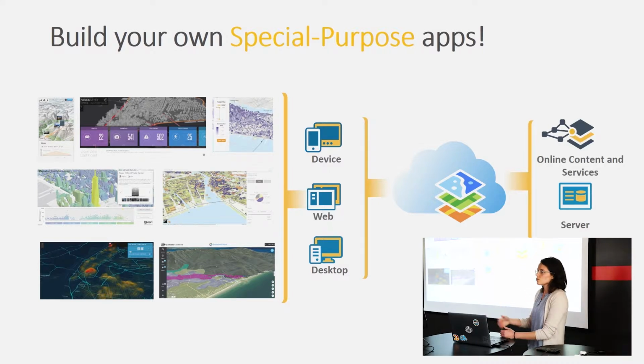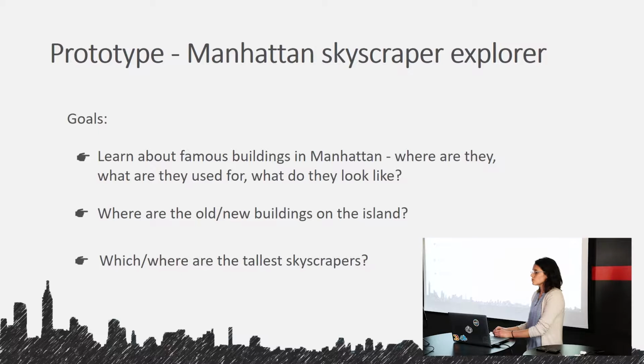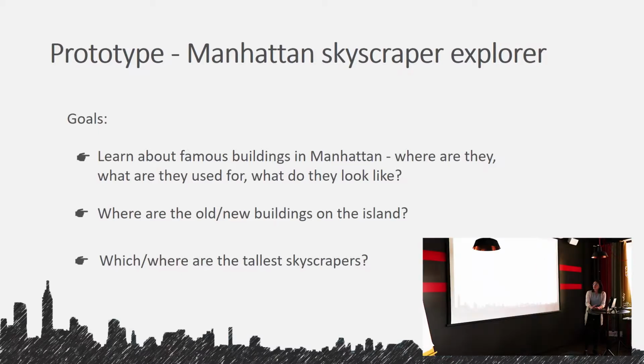In my work, I usually do documentation and samples and testing for the API. But sometimes I get to do more complex apps, and this is what I'm going to be talking to you about today. You already exported your scene layers from CityEngine, and you want to build this app.